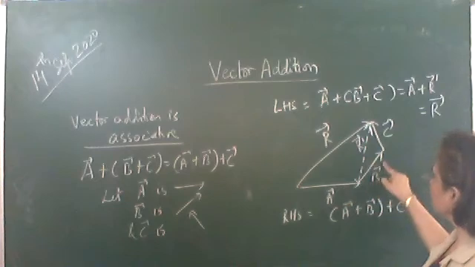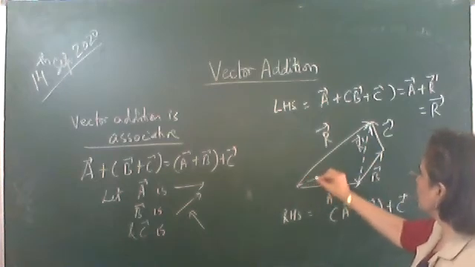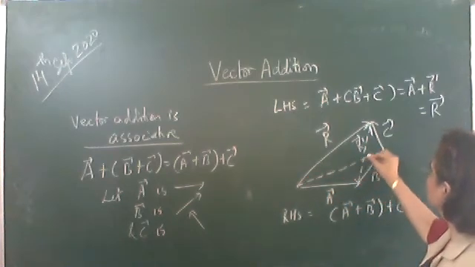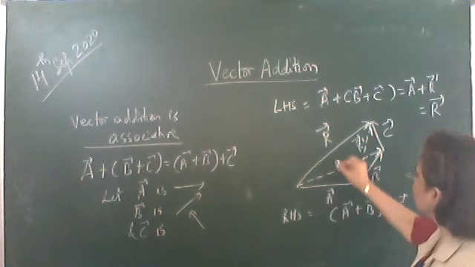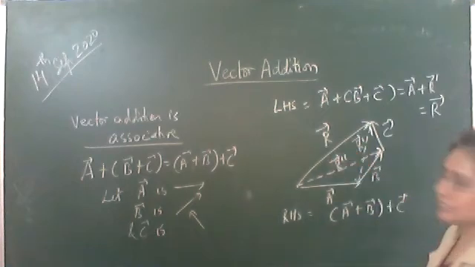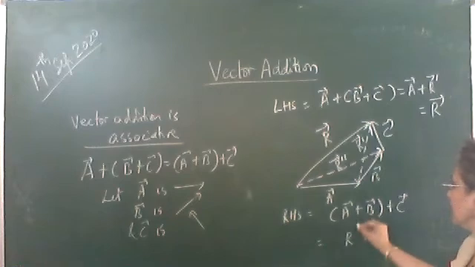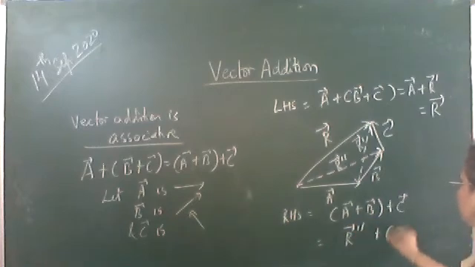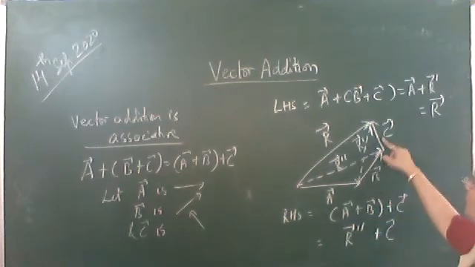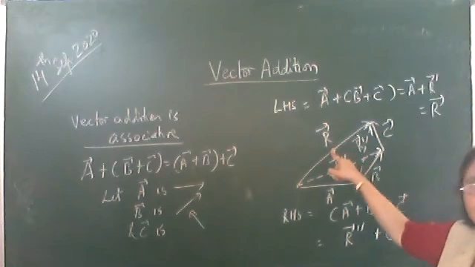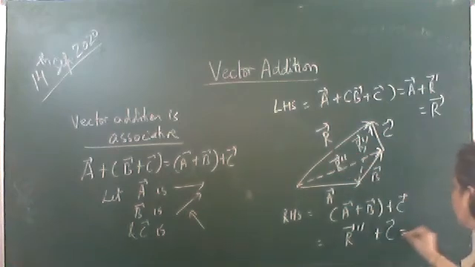This is the first vector, this is the second vector. So the resultant is again one more dotted line. Let us write it as R double dash vector. So A plus B vector is R double dash vector, plus C vector. R double dash plus C vector is again equal to R vector.